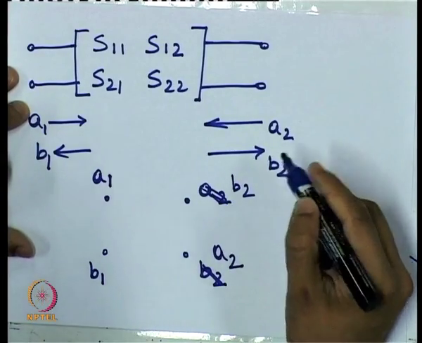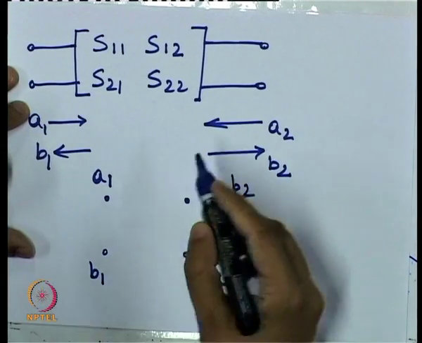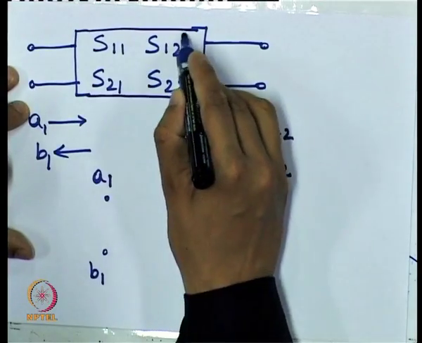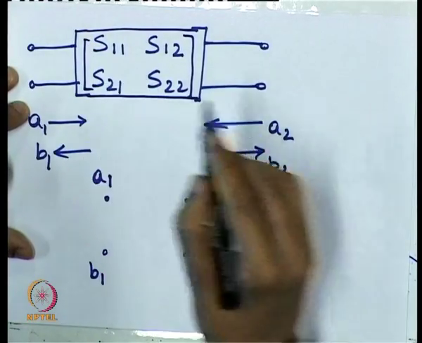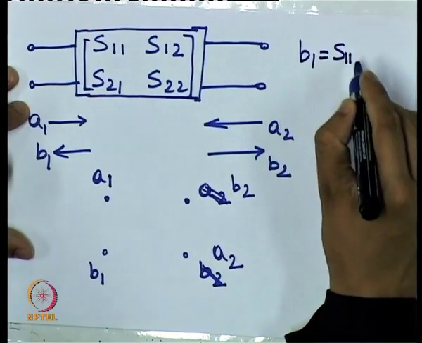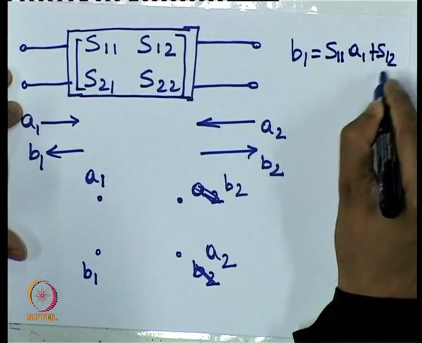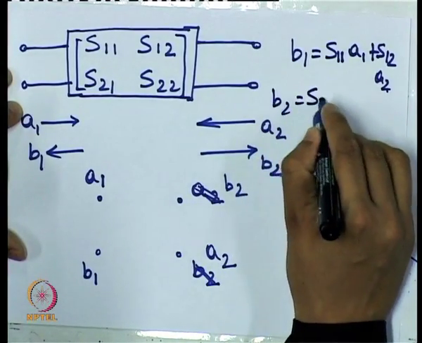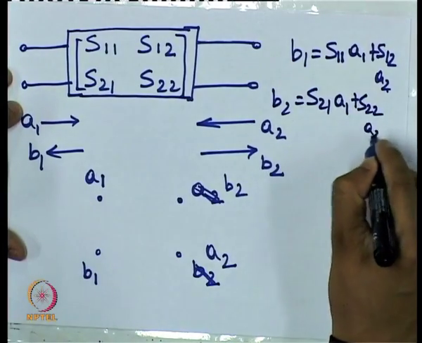Now, we know that A1 and A2 give rise to B1 and B2 as described in our two-port network, isn't it? Because if we write down the equations as applicable to just this two-port network, the equations are B1 is equal to S11 A1 plus S12 A2, and B2 is equal to S21 A1 plus S22 A2.